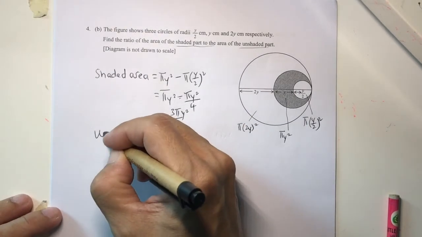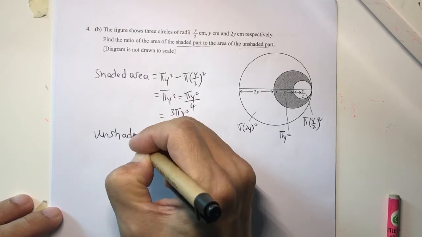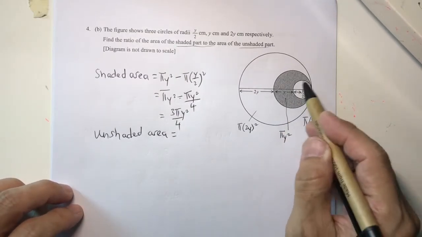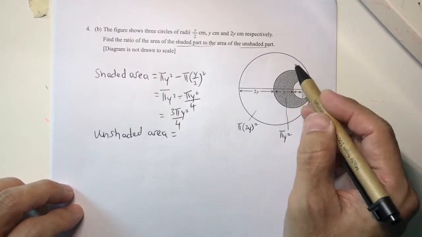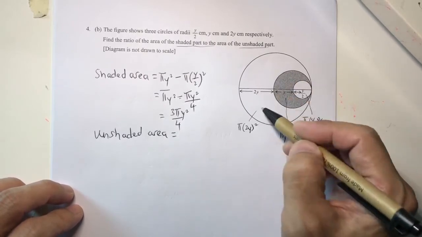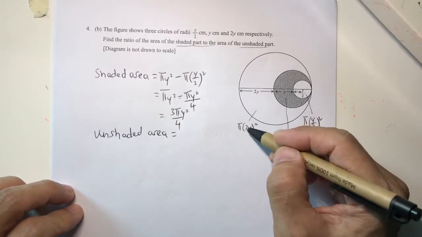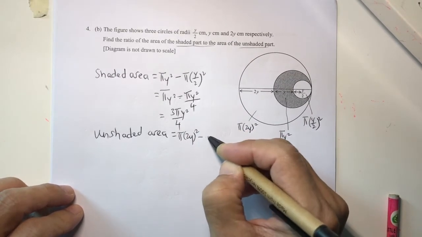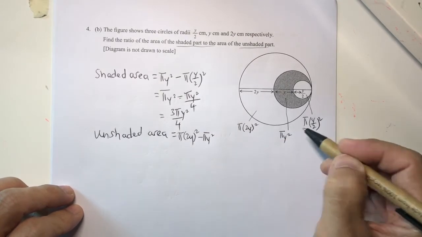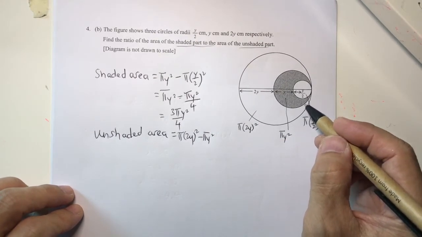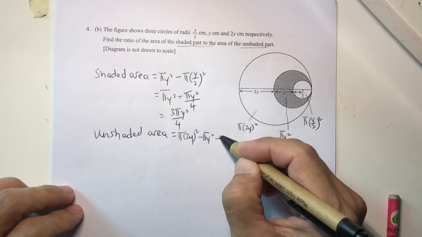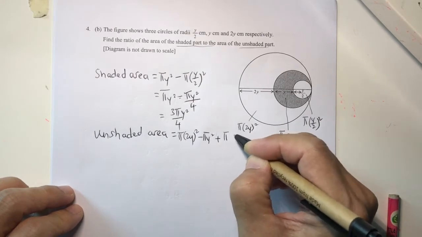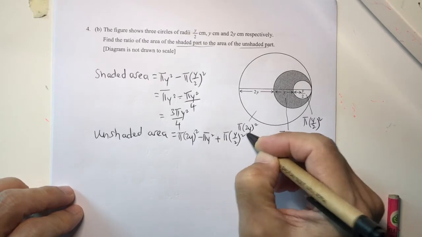Now for the unshaded area, the unshaded area is the small circle plus this. The area here is pi (2y) square minus pi y square. And then we add the unshaded smallest circle, which is pi (y over 2) square.